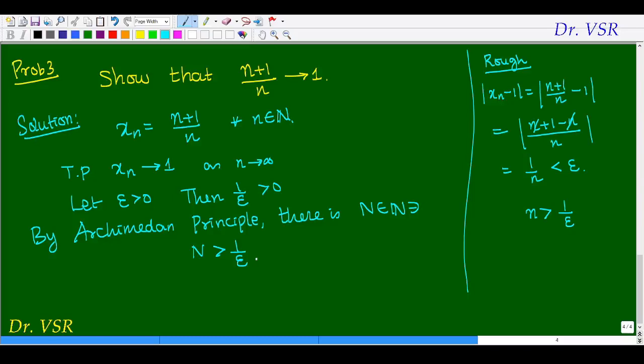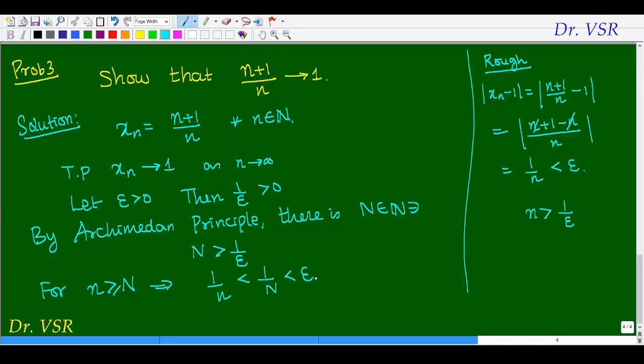Now for n greater than or equal to the natural number N, this would imply that 1 by n is less than 1 by capital N, which is less than epsilon.